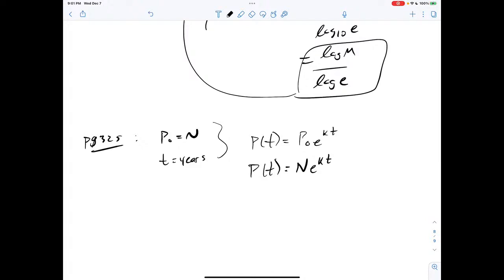If the population doubles in size over an 18-month period and the current population is 10,000, what will the population be in 2 years from now? Okay. So with this question here, let me see.